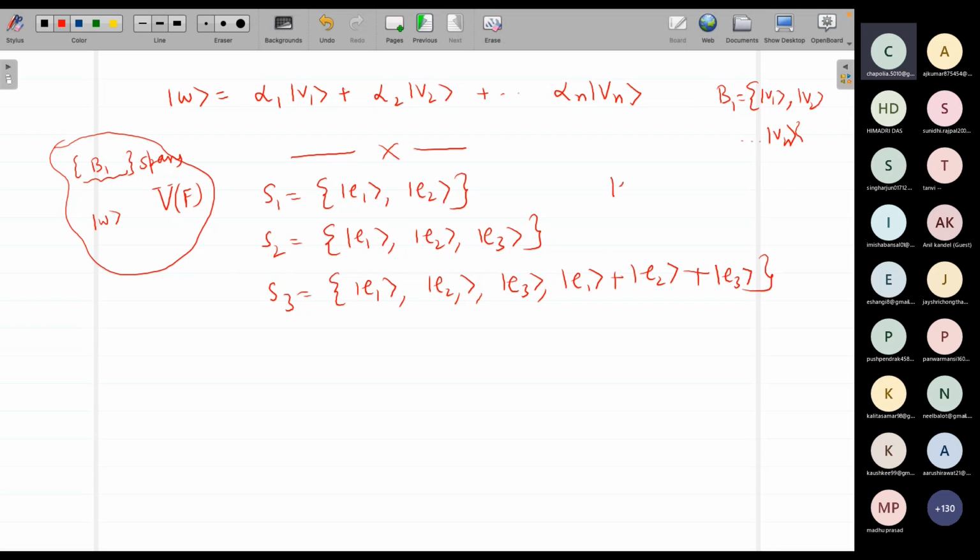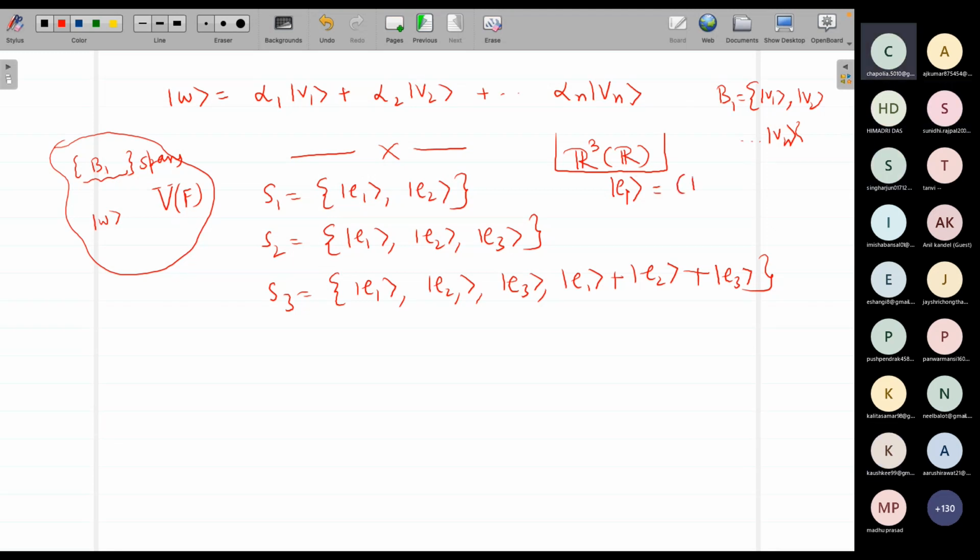And what is this E1, E2, E3? We are talking about R cube space. What is R cube space? Can somebody tell me? Three-dimensional linear vector space, three-tuples of numbers.